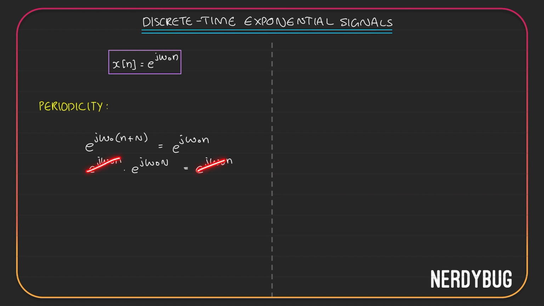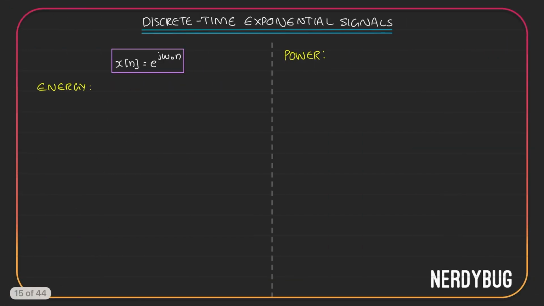You can cancel these two, which gives us e raised to j omega naught N should be equal to 1. You can see this is very similar to what we did before. So by the same steps, we get that if N is a multiple of 2 pi by omega naught, it could be the period of x of n. Let's put the period in a box and move on to finding the energy and power of this signal.